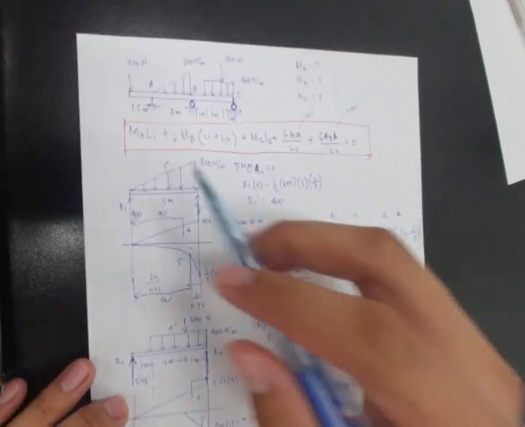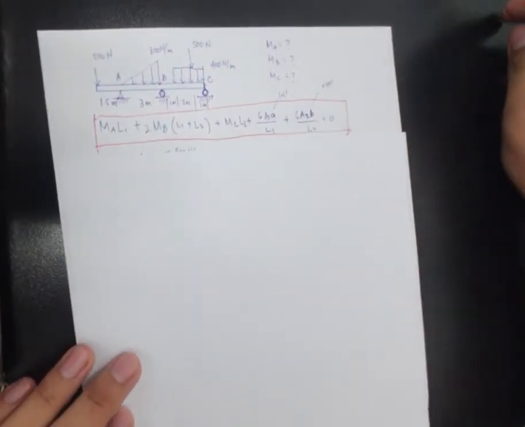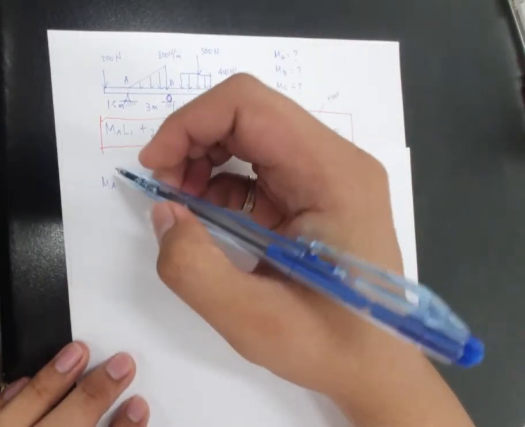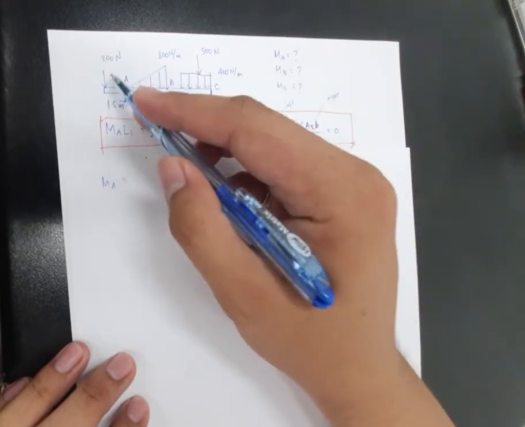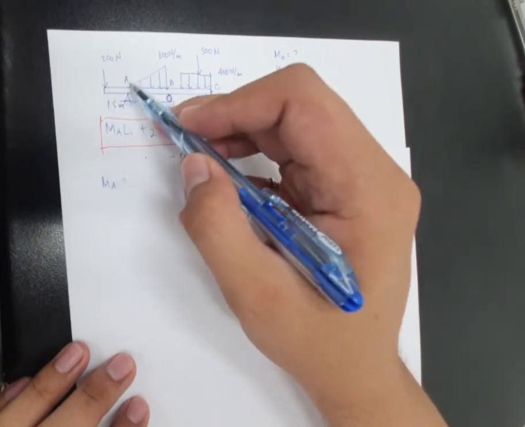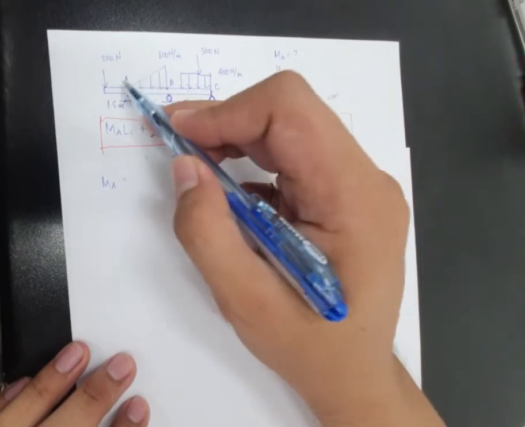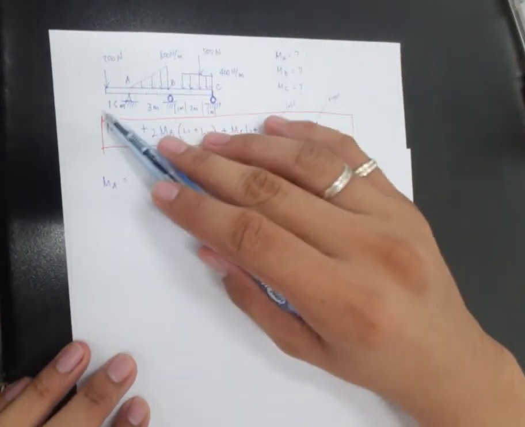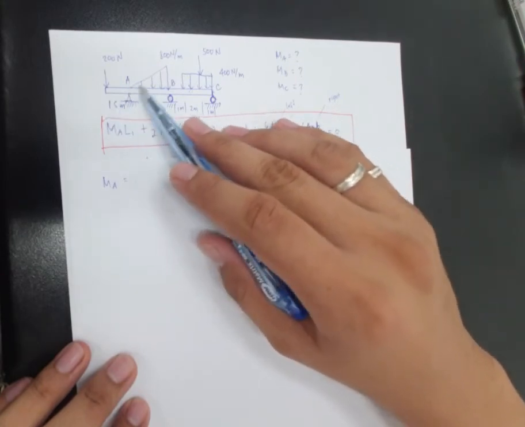Okay, so MAL1 ano na lang. Moment at A is that a negative moment since ang imuhang beam will bend downward, concave downward, which is not the concave upward. Pag butang nimo na ana ang bending, so ang bending is not the conventional bending, so that is a negative moment.